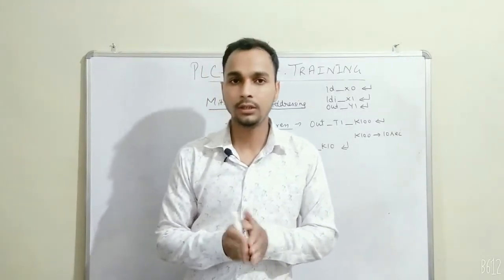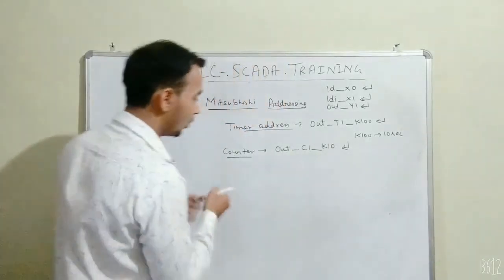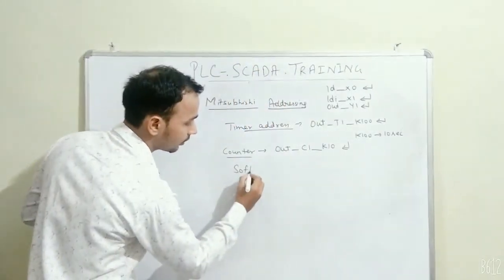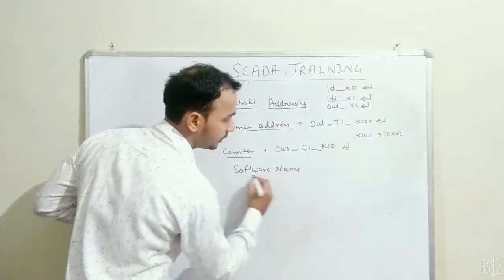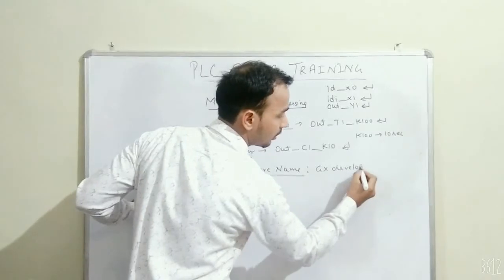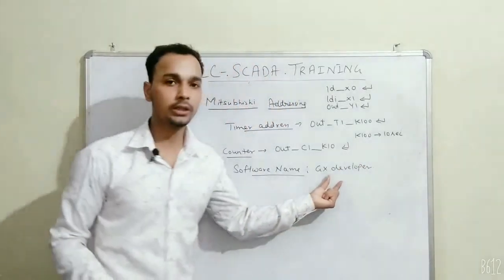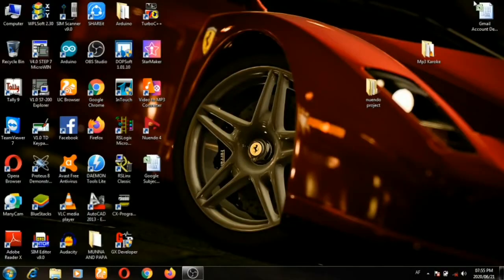I hope it's clear. So let's start working on software. The software name of Mitsubishi is GX Developer. We are going to work on GX Developer, so let's start PLC programming.